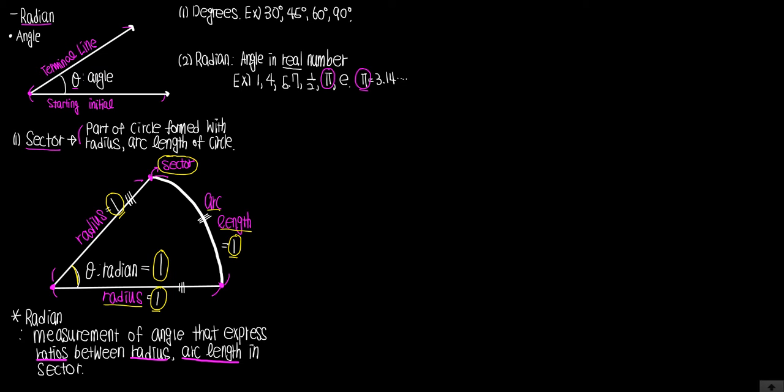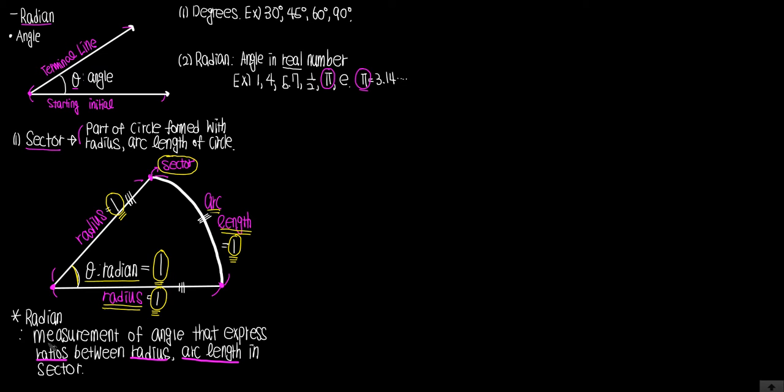So again, if we go back to our original question, when the radius is 1 and the arc length is 1, which means the ratio between the radius of our sector and the arc length is 1, then the radian, which is the angle formed in terms of real numbers, is going to be 1.